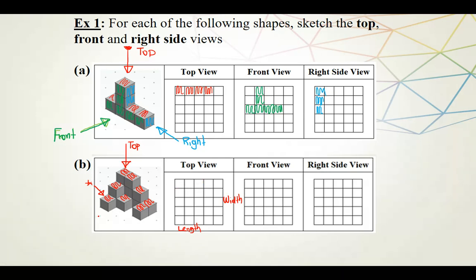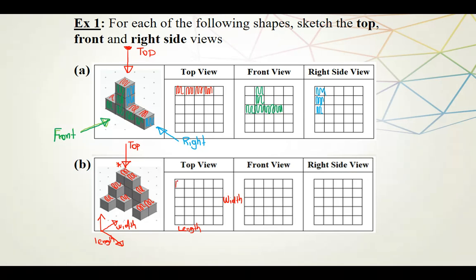If you look at the grid paper here, this is your length, and this is your width. So actually, let's start this very top block in the corner here. Okay, so let's do this block in the corner.